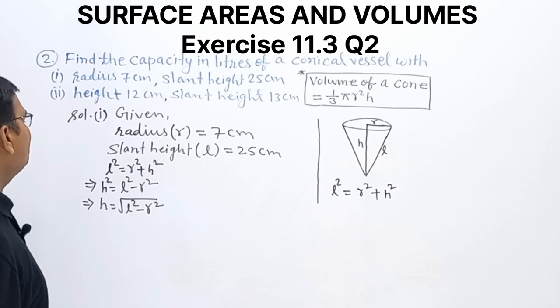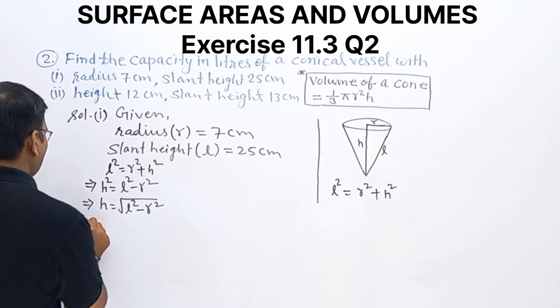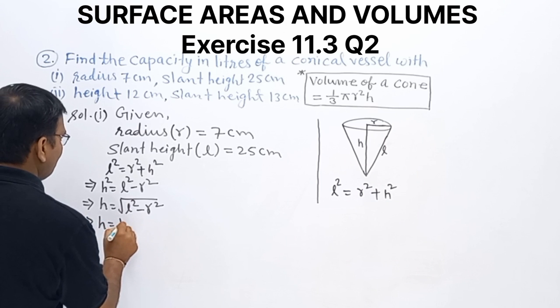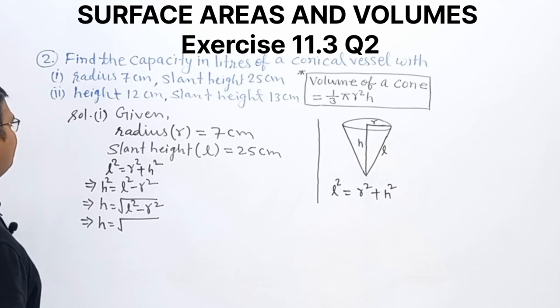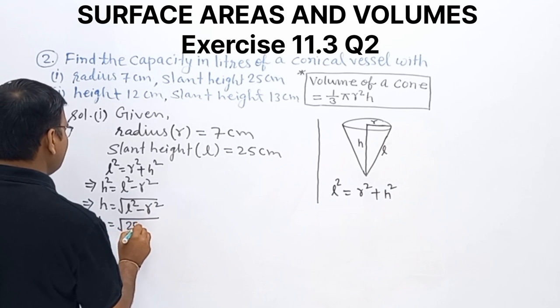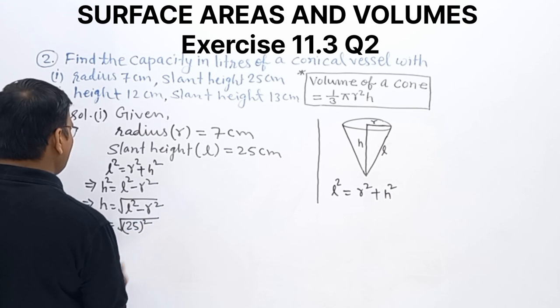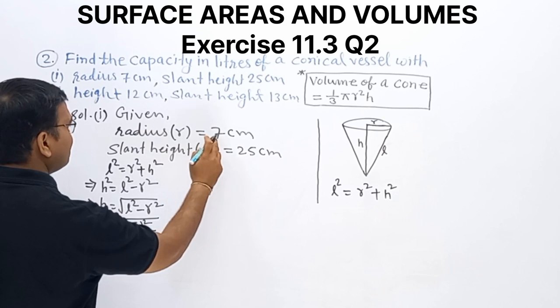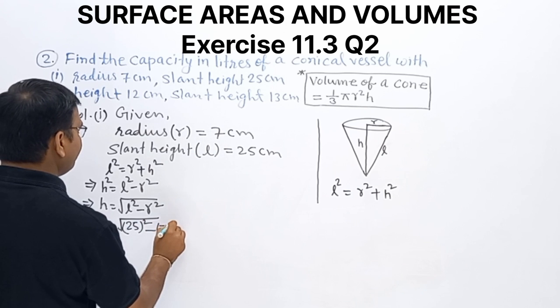Put the values of the given things. The value of l is 25. So h will be the square root of 25 square minus r square, where r is the radius, 7 square.